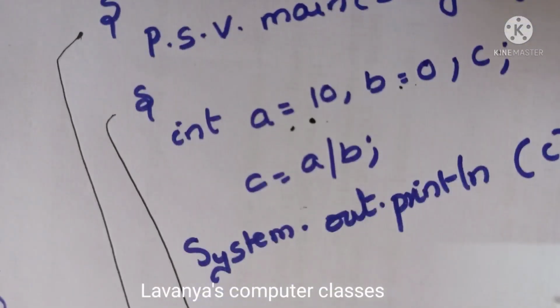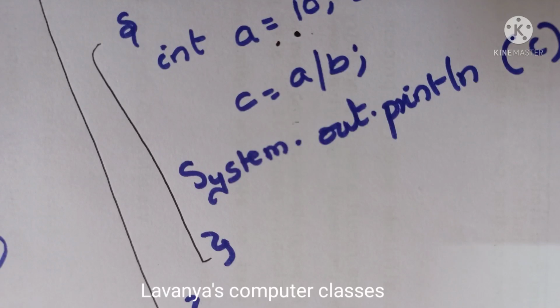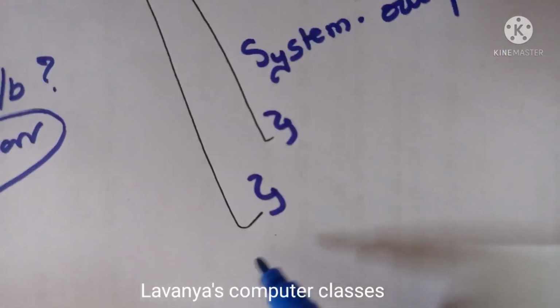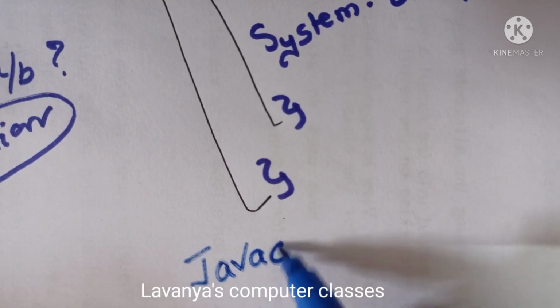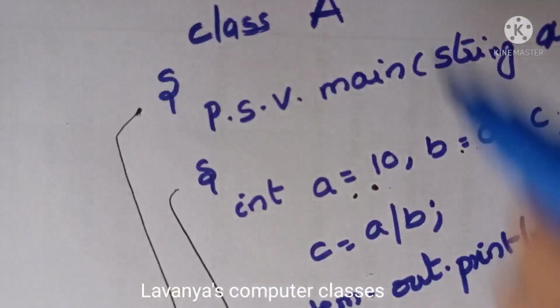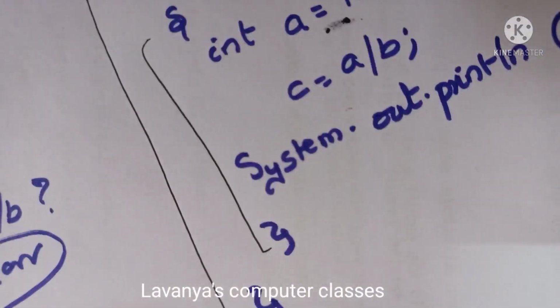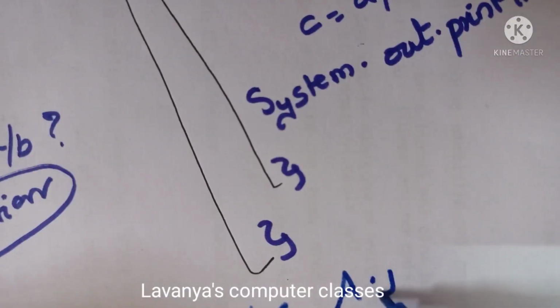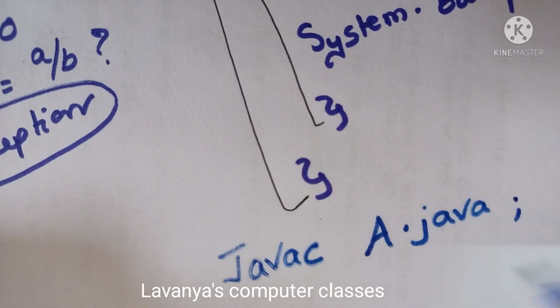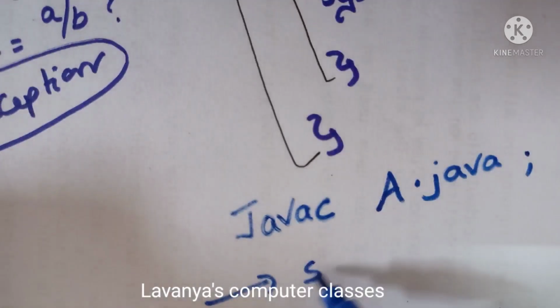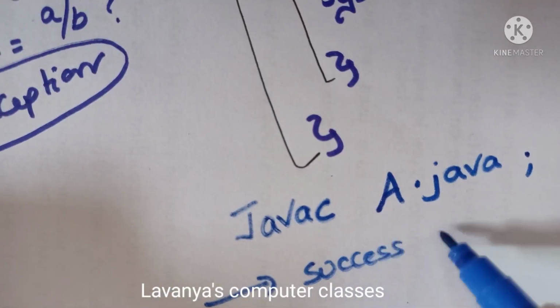Everything is syntactically correct. To execute this program, my compiling command in Java is javac followed by the file name. My file name is A, so javac A.java. If I compile like this, it is successfully compiled, because there are no errors.